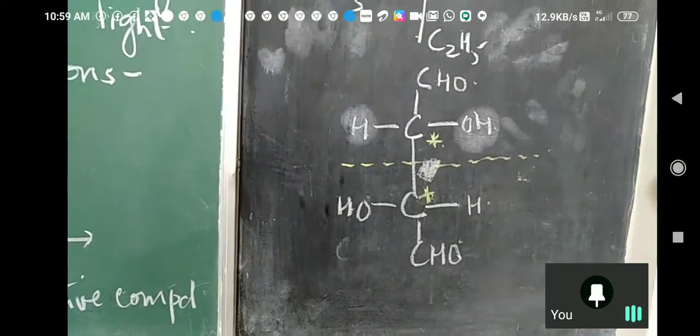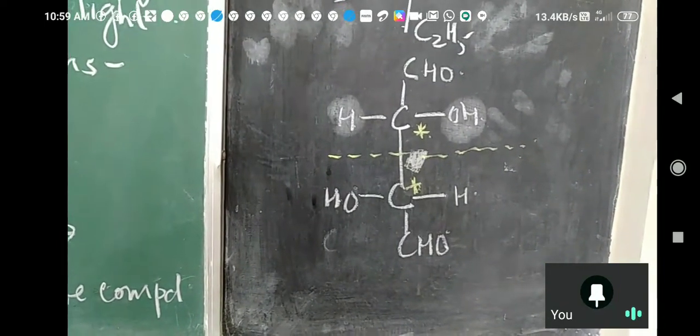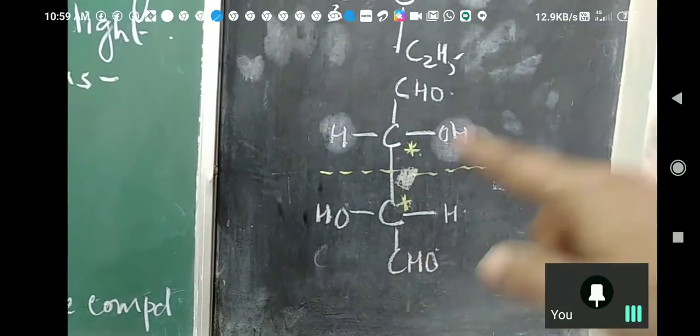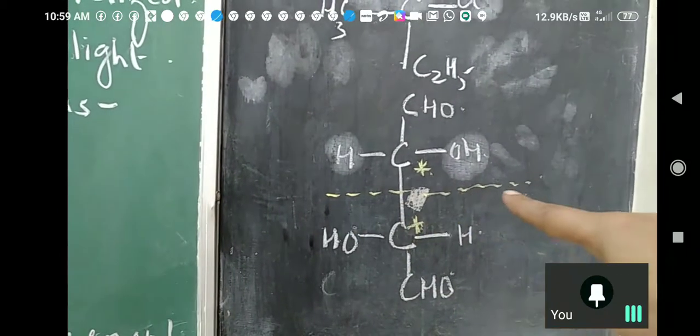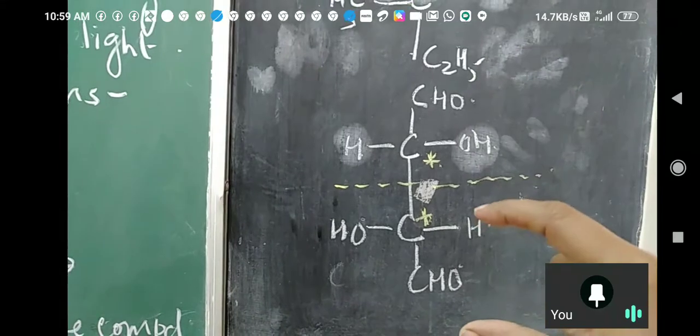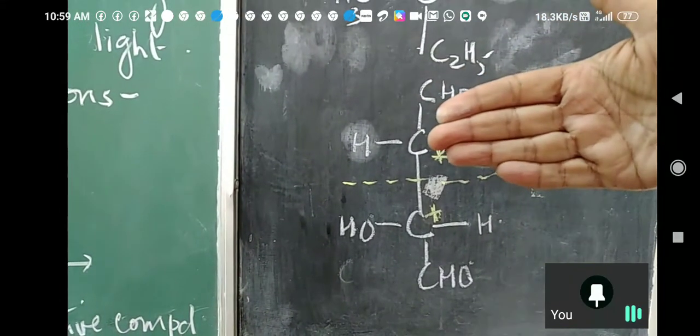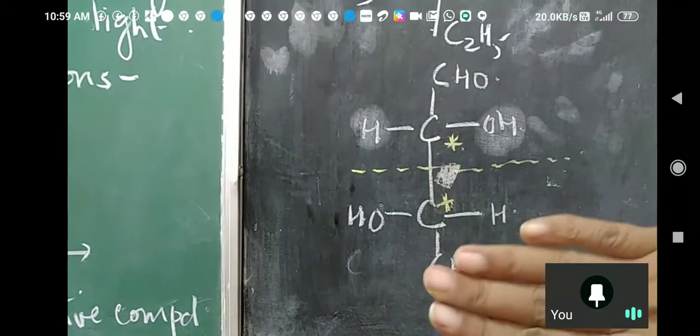There are different types of symmetries, line of symmetry, plane of symmetry. So here this dotted line, if I draw, I can get two equal halves of the molecule. Absolutely same. It is like I have turned this molecule like this.